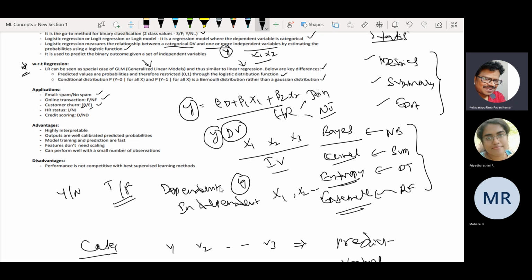Maybe nowadays telecom companies are suffering like anything, because bulk customers are moving from one network to another network. So as to handle those kinds of cases. And as I said, HR status, whether that guy is going to join or not going to join, and credit score, defaulter or non-defaulter.